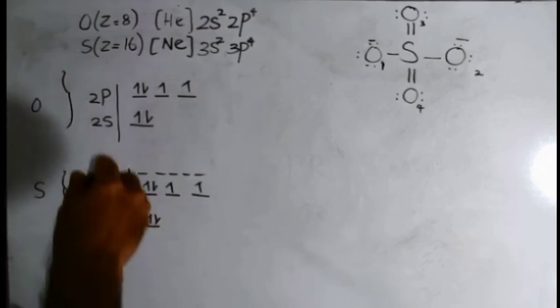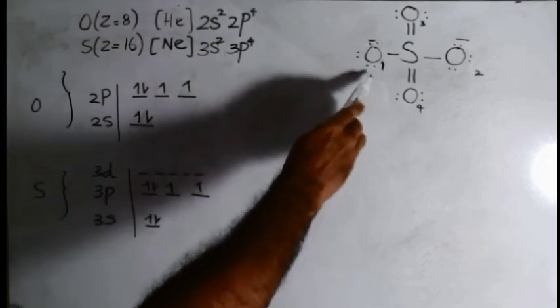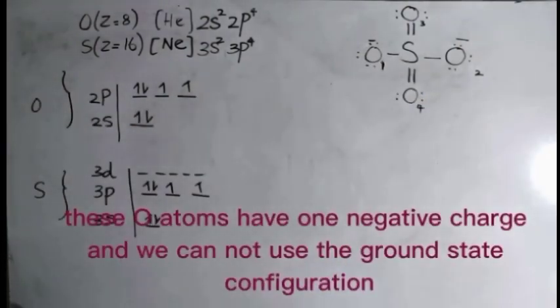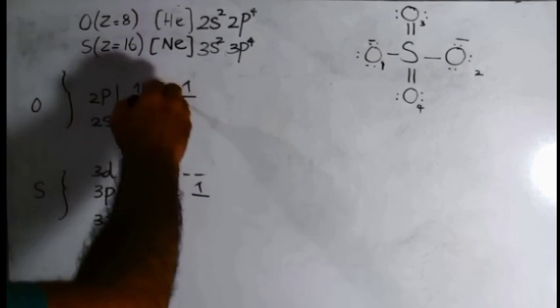When we consider this oxygen atom, the configuration is written according to the ground state, but oxygen atoms number 1 and 2 already have 7 electrons in their valence shell. So if you are going to consider the ground state, we will get some problem because it doesn't show the correct number of electrons. So we have to add that electron also.